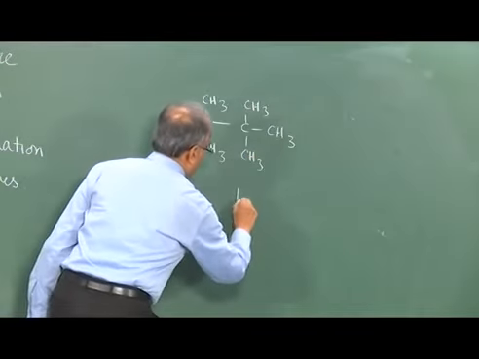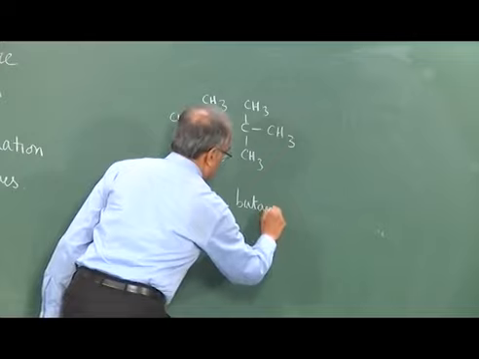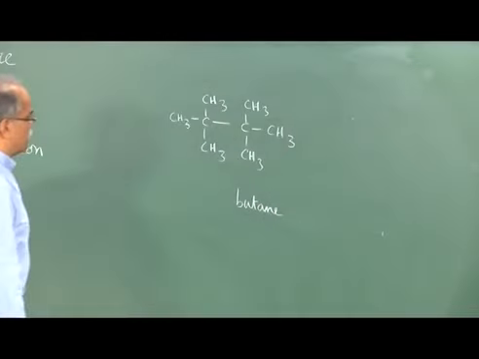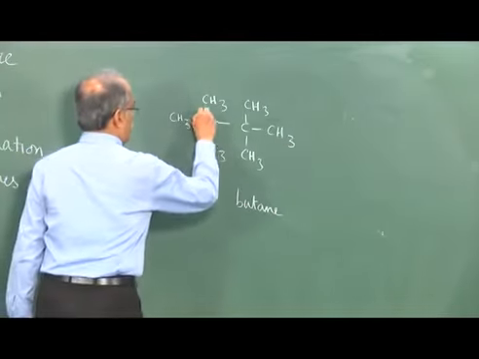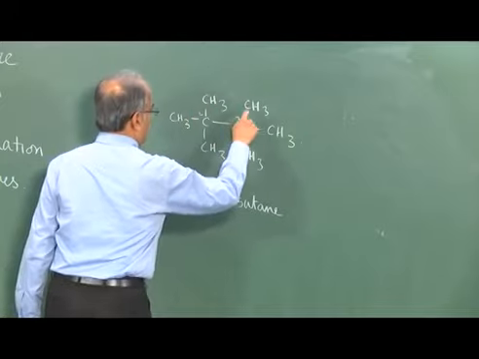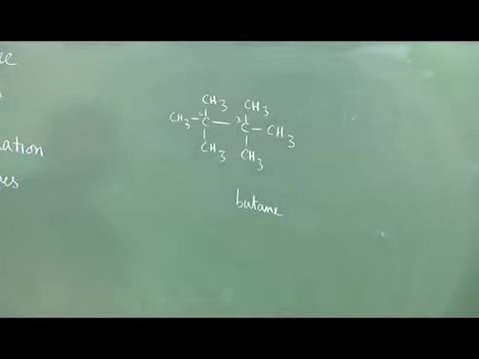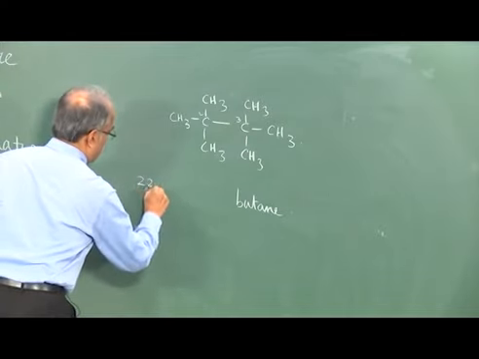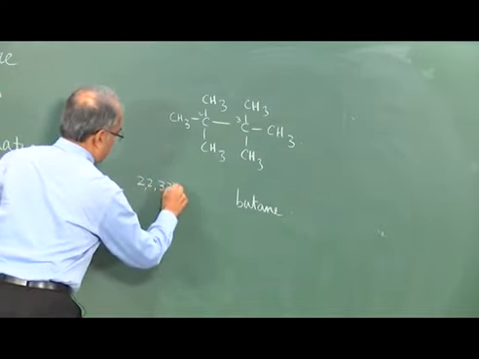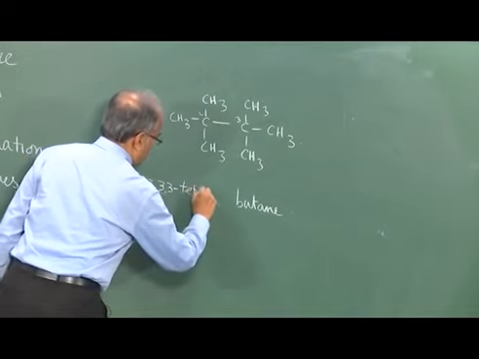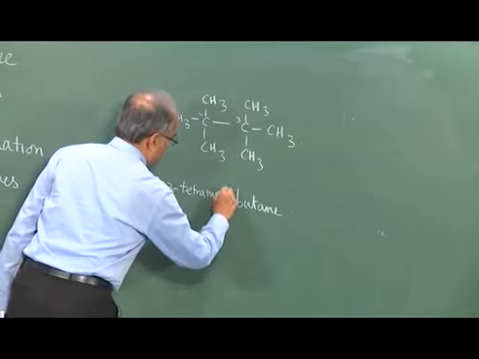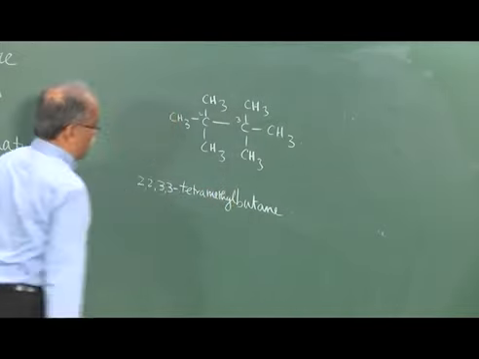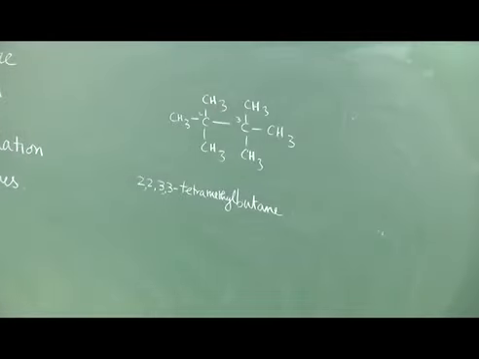So, this is butane, and on carbon number 2 and carbon number 3, there are dimethyl substituents. So, 2,2,3,3 tetramethyl butane would be the name of this particular compound.